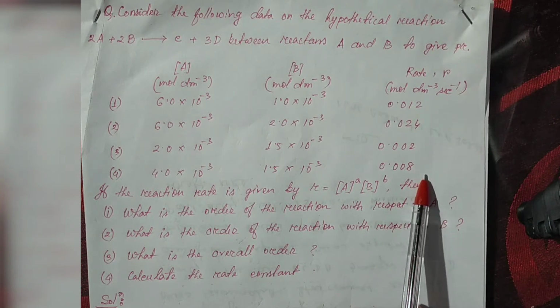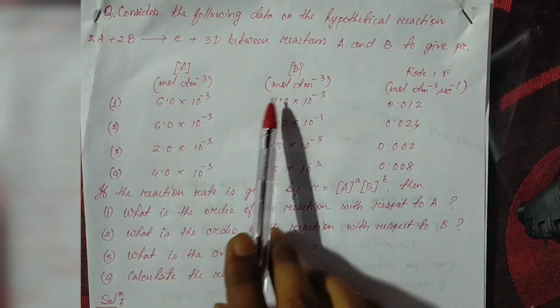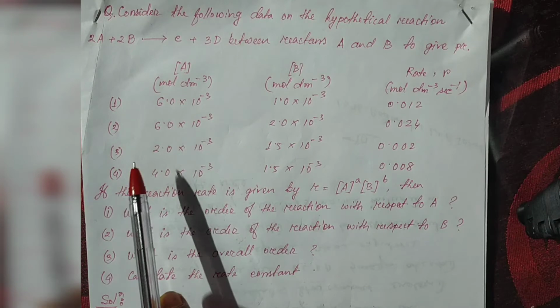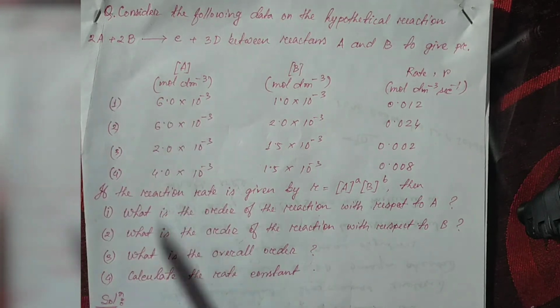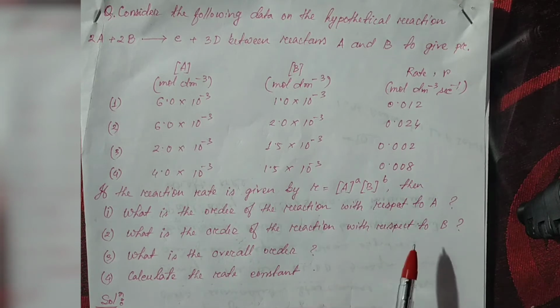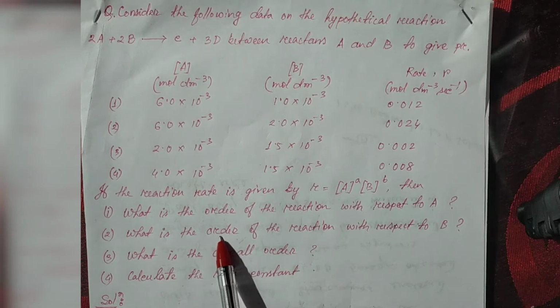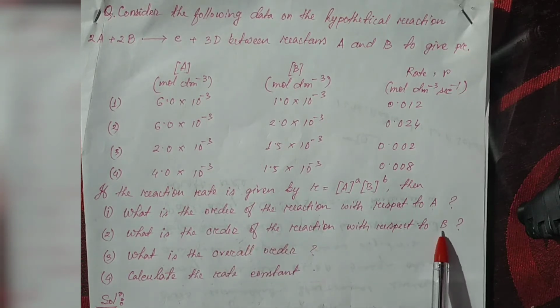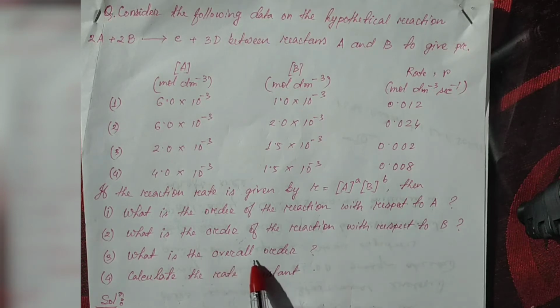These four values are the rate, and these are the concentrations of A and B. They are asking what the order with respect to A is, what the order with respect to B is, what the overall order of the reaction is, and finally to calculate the rate constant.